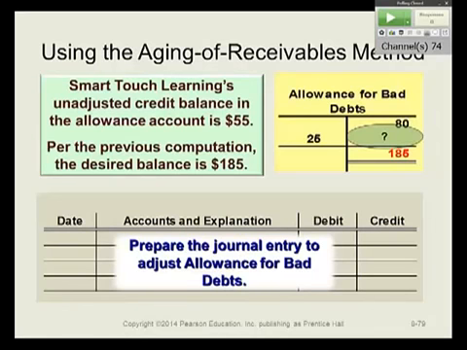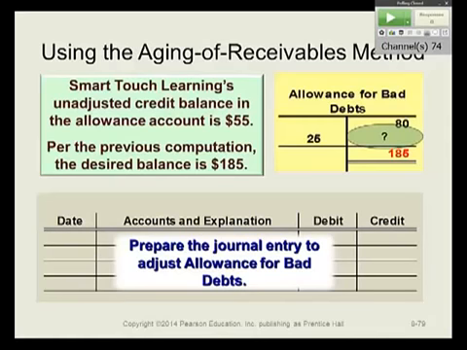The question that you have to ask with respect to the balance sheet approaches is that you have a target balance or a balance that you need. In this case, it was 185. So therefore, the amount of the adjustment has to be 130. And that becomes the bad debt expense.